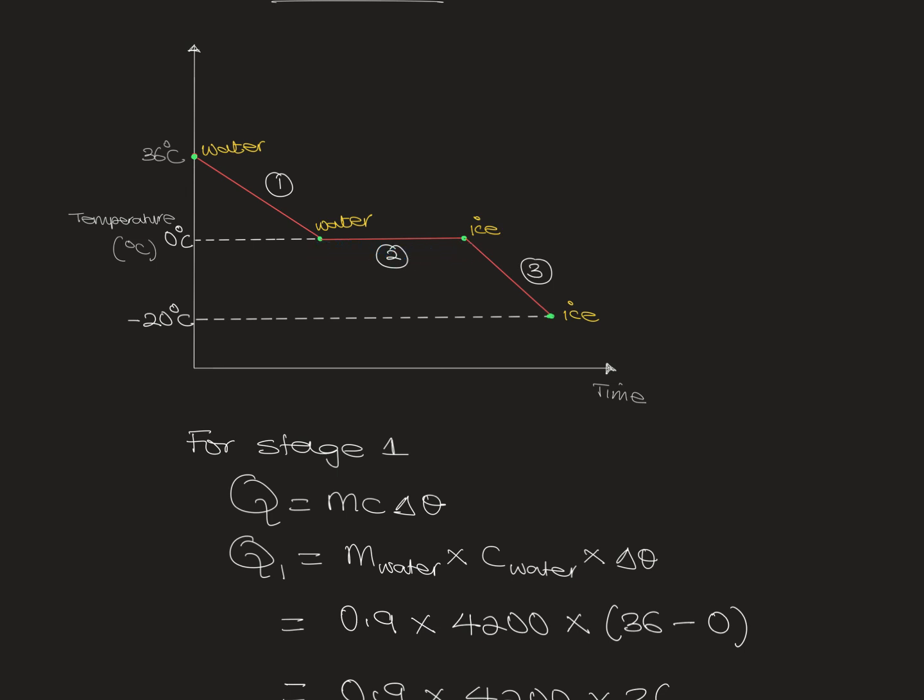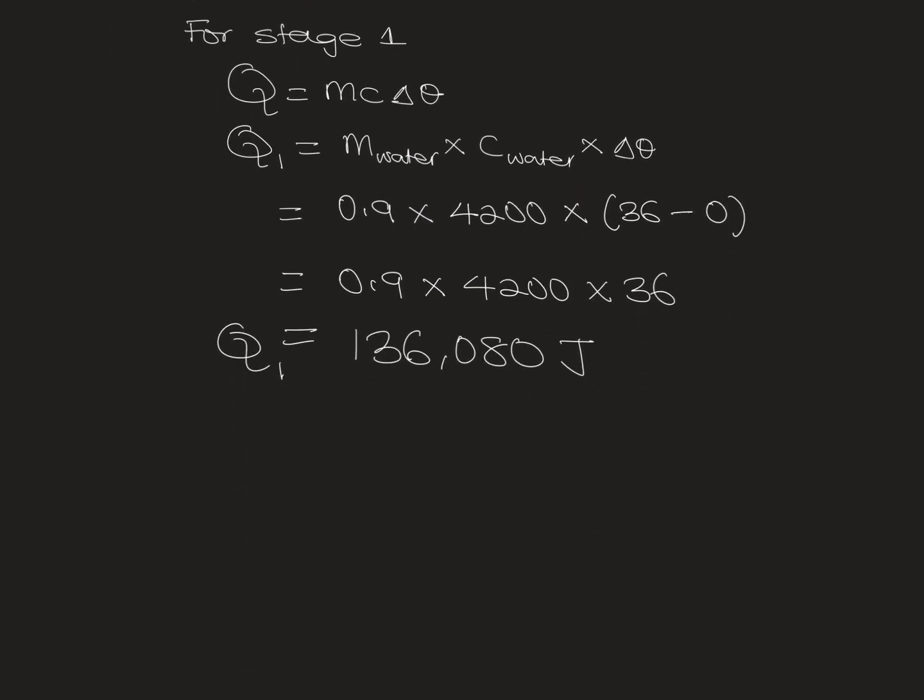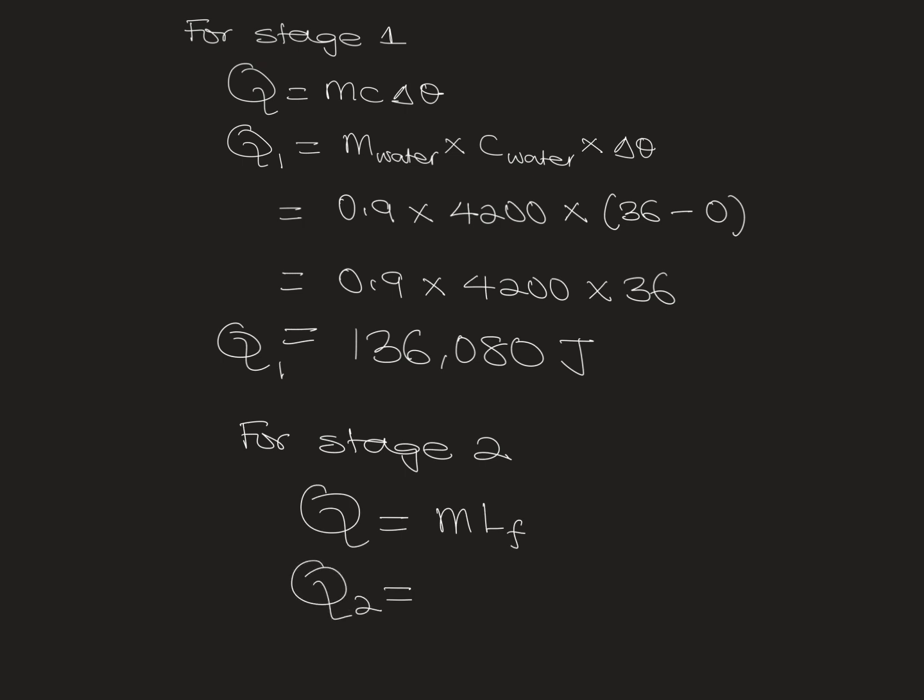Moving on to the second stage, we have water at 0 degrees Celsius that is converted to ice at 0 degrees Celsius. So this involves specific latent heat of fusion since it is a freezing process. For stage 2, the formula that we're going to use is Q is equal to M times the specific latent heat of fusion. So that is going to be Q2 is equal to the mass of the water times the specific latent heat of fusion.